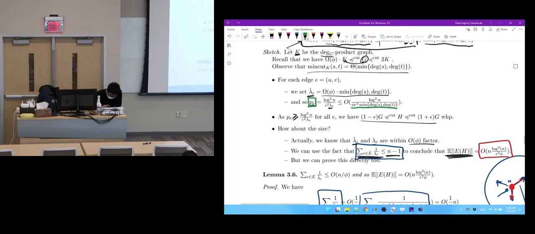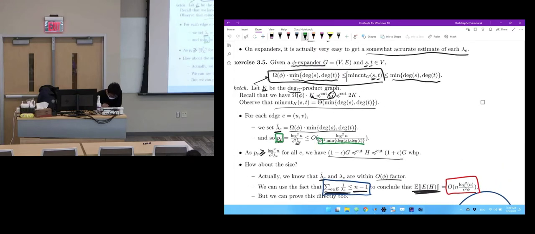We have 1/phi here. In a spectral sparsifier, you will just put it as phi squared. That's it. So you might need to pay a bit more of a phi factor, but the phi factor is polylog, so it doesn't matter that much, right?